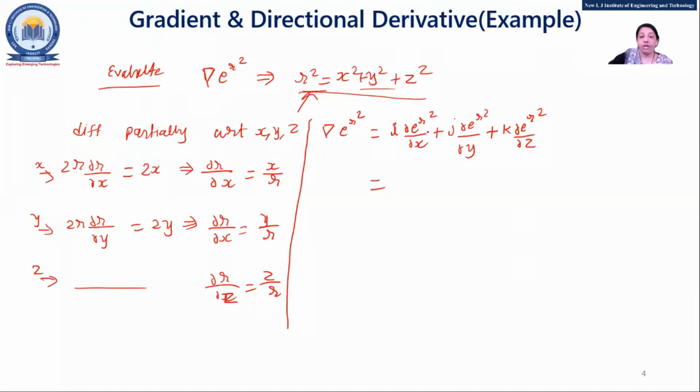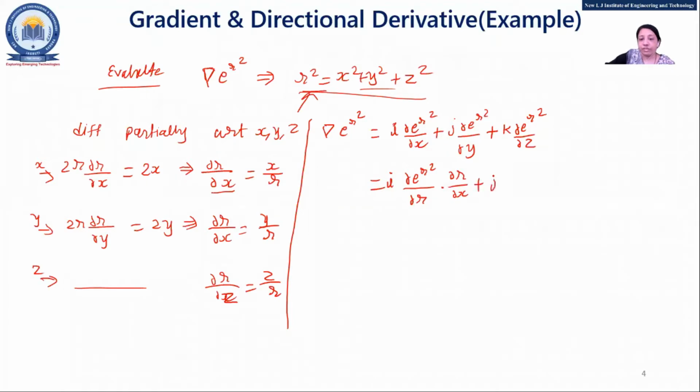Now we are not finding this directly. What we have found is ∂r/∂x, so we can replace it. This is in terms of r, so we want it in that way. We write ∂(e^(r^2))/∂r into ∂r/∂x.